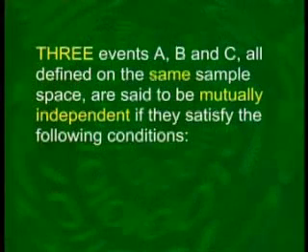Let us now extend the concept of independent events to the case of more than 2 events. Students, 3 events A, B, and C, all defined on the same sample space, are said to be mutually independent if they satisfy the following conditions.